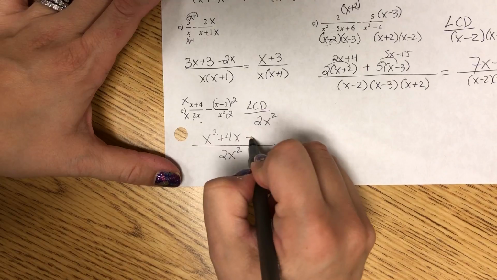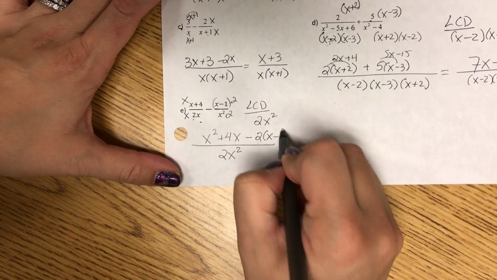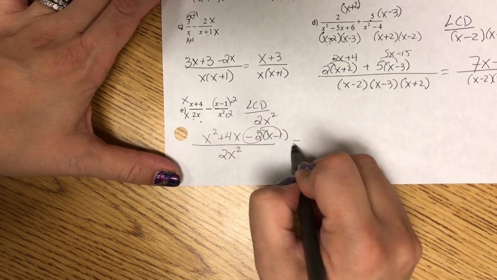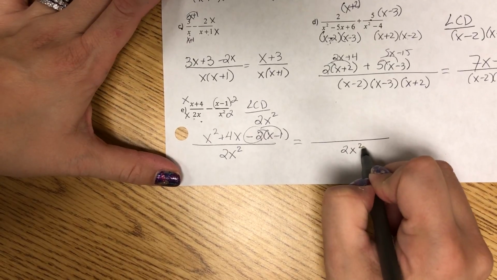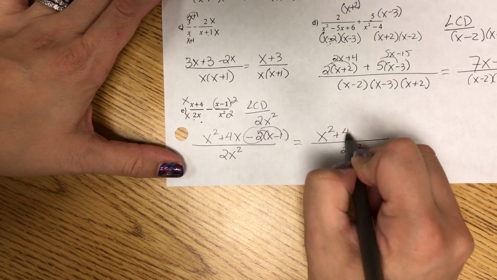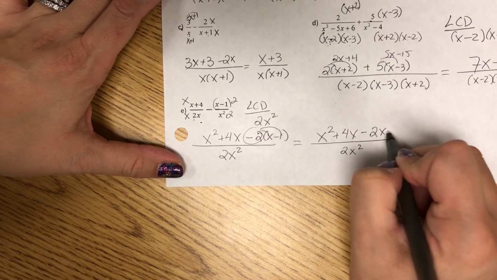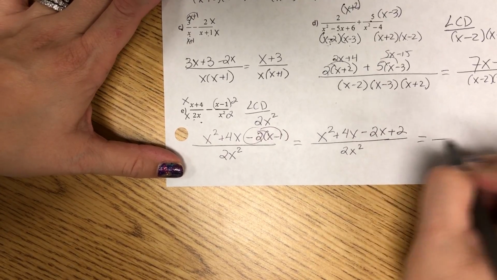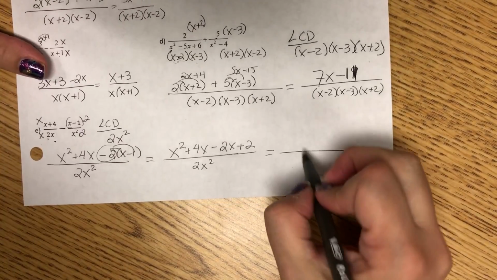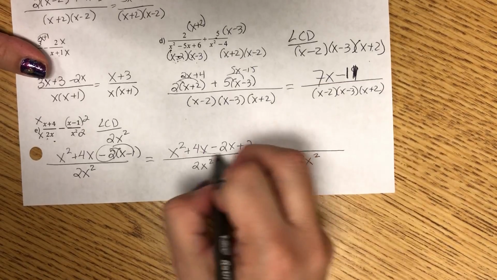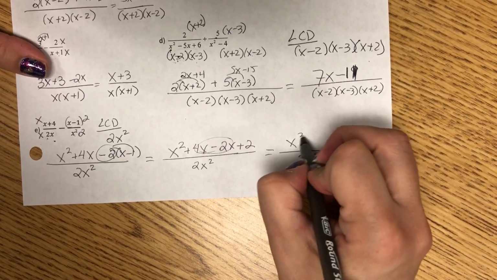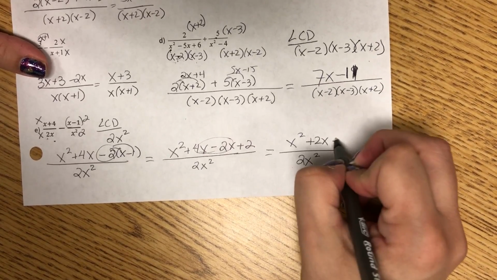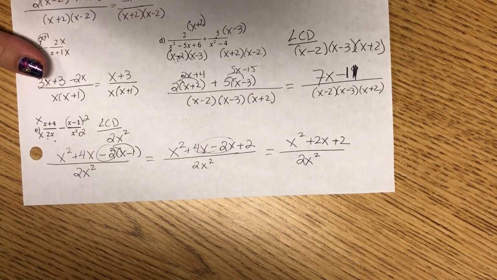Here we're going to have minus. So this -2 is what gets distributed. That's minus 2x plus 2. And we can combine these like terms. And there's our answer.